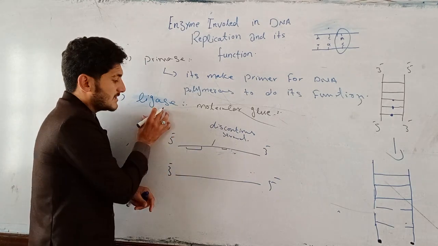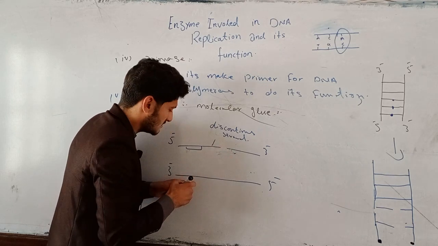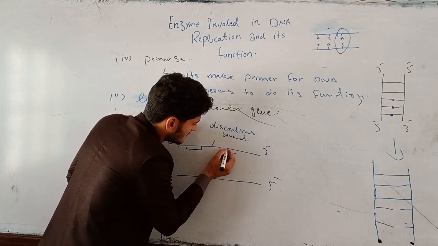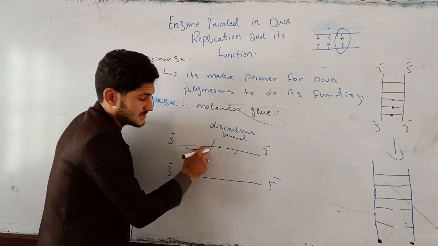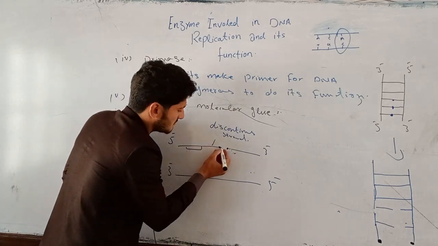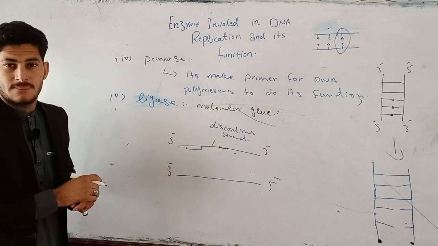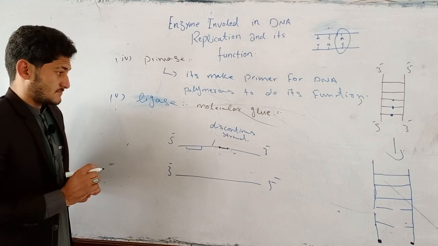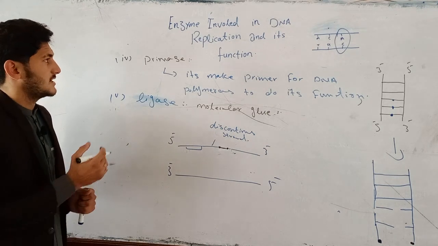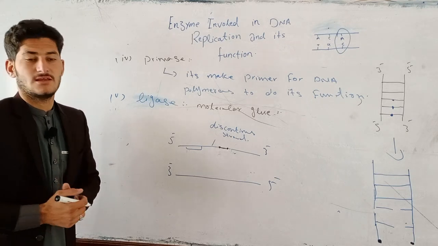So ligase joins and makes a phosphodiester linkage between this nucleotide and this nucleotide. So these are the overall enzymes involved in the process of DNA replication.